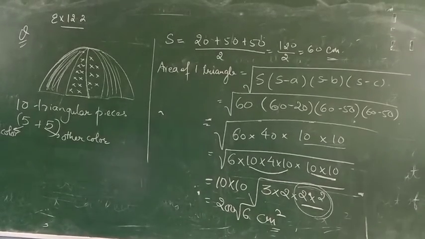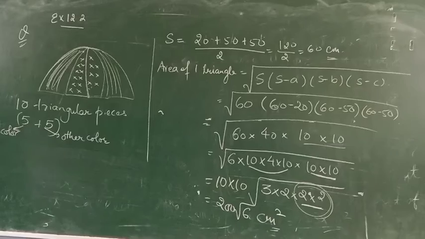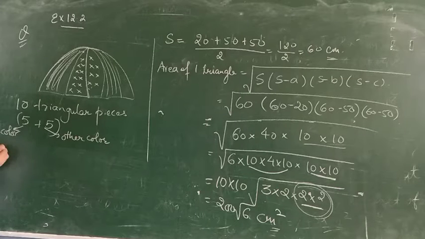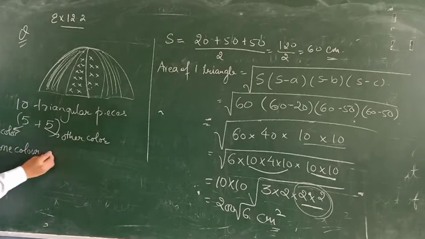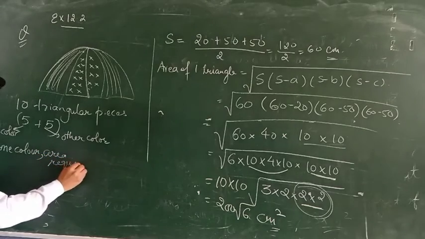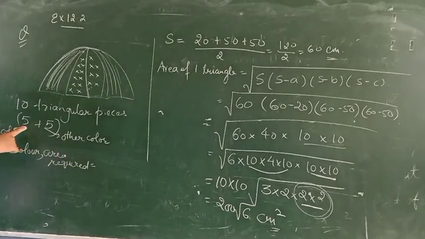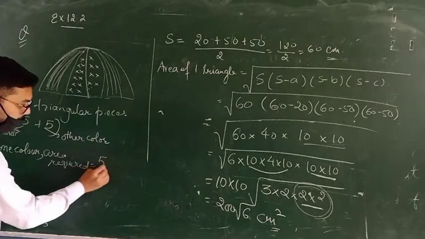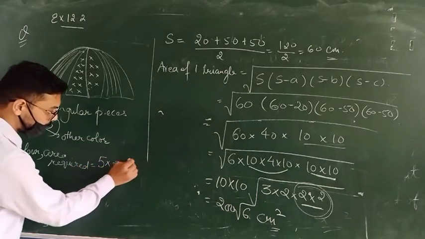Now you need to calculate the area of each color. How much cloth of each color is required for the umbrella? So for one color, the area required will be 5 multiplied by 200 root 6.